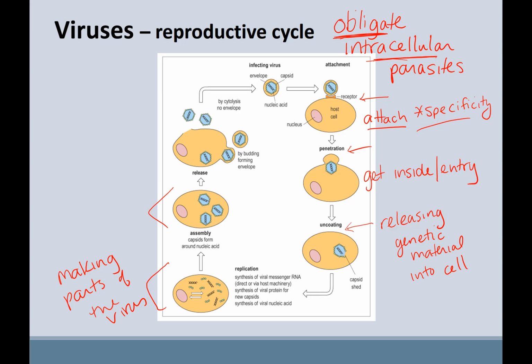What's really cool is the assembly of viruses is spontaneous and they self-assemble. So when you reach a critical mass, all the virus components start to come together. And you can actually do this in a test tube. You can take purified virus components, put them into a test tube, and they will form virus particles. Then the virus has to get out, so it has to exit.